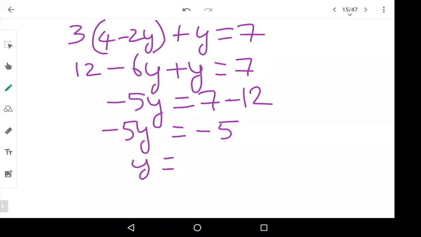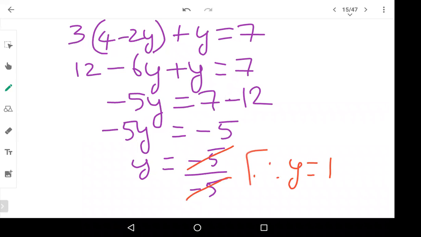Y is equal to minus 5 divided by minus 5. So here minus 5 both will go. Therefore, y is equal to 1. Understood? Y is equal to 1. Now we will substitute y is equal to 1 in equation number 1 and then find the value of x.